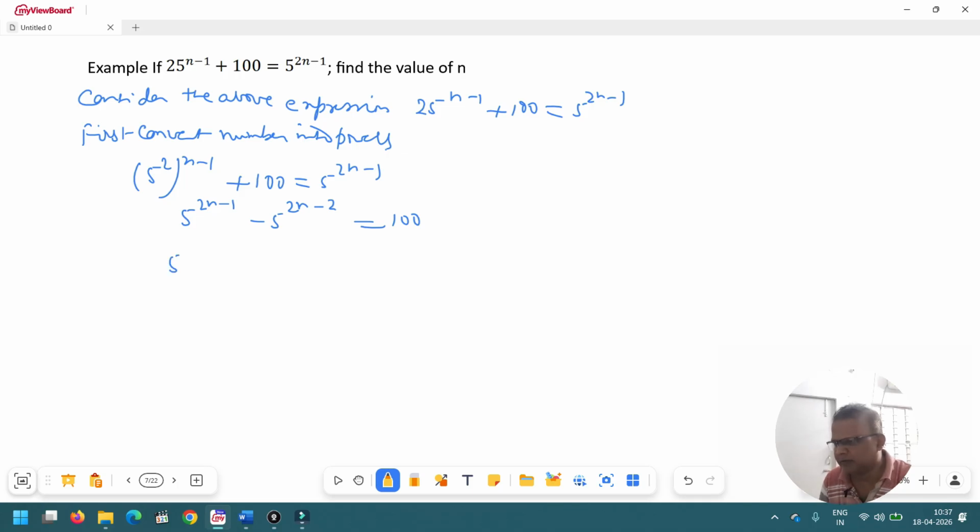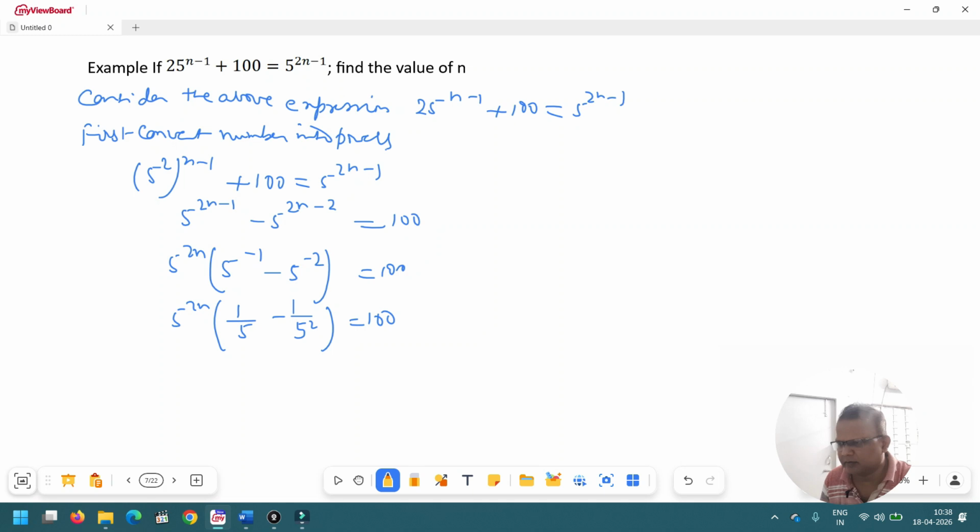That is 5 to the power 2n into 5 to the power minus 1 minus 5 to the power minus 2 is equal to 100. That is equal to 5 power 2n into 1 by 5 minus 1 by 5 square is equal to 100.